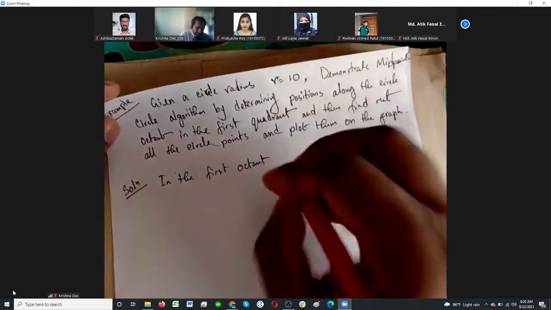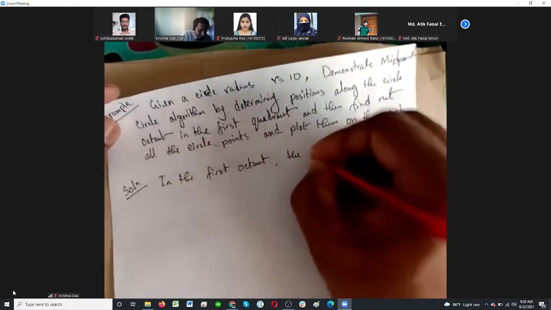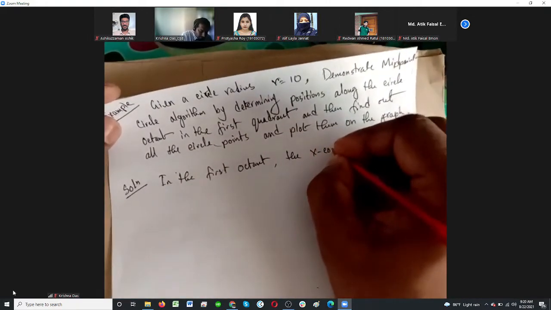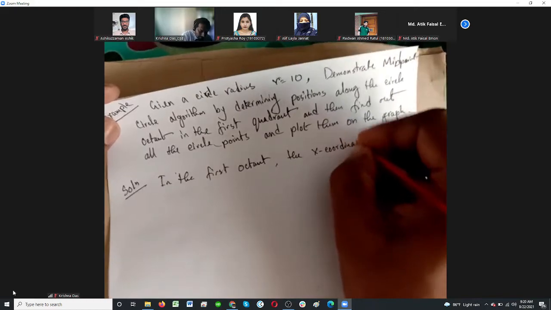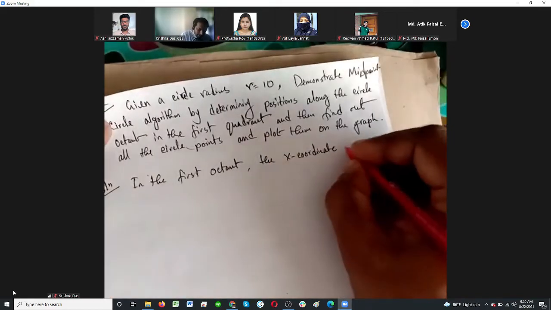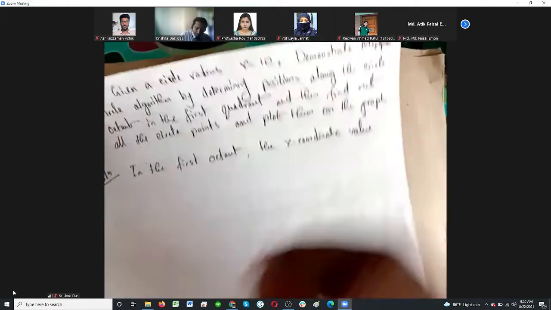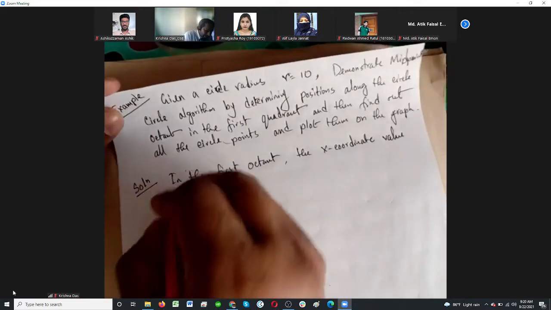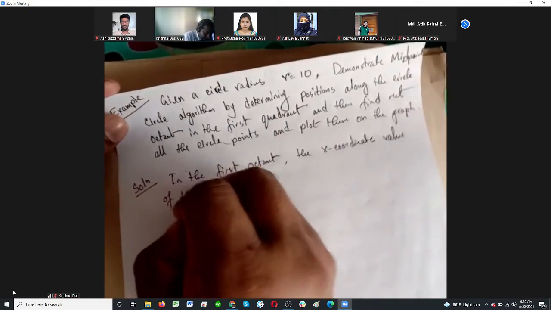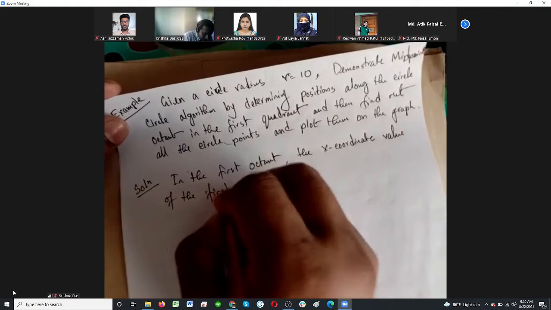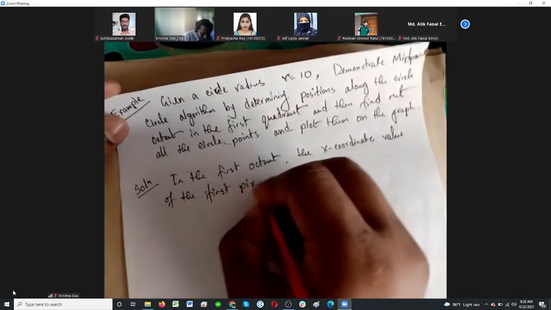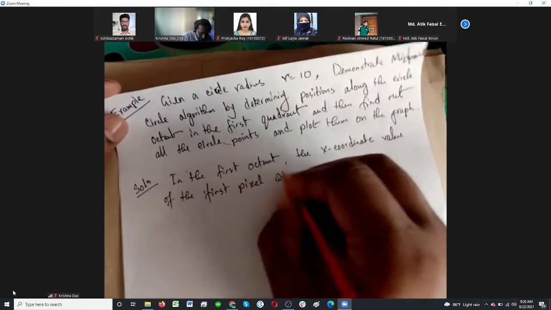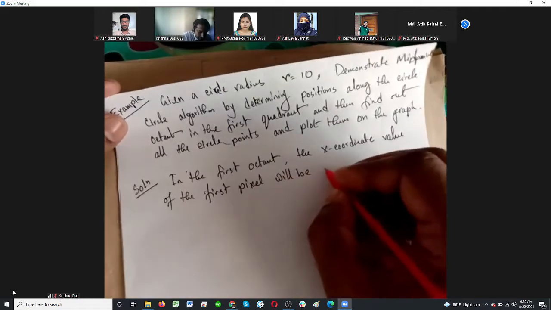The x coordinate value of the first pixel will be 0, right?